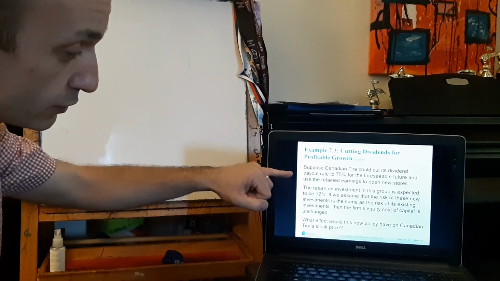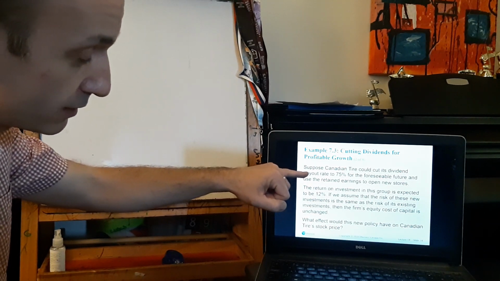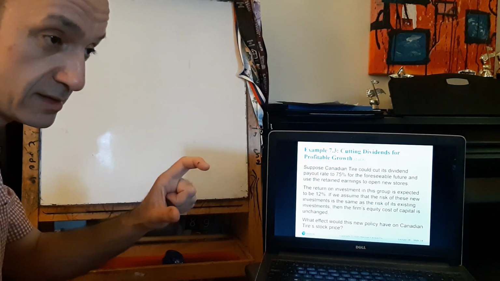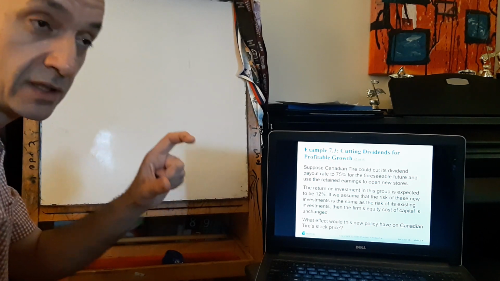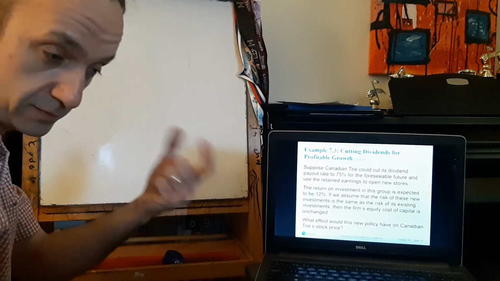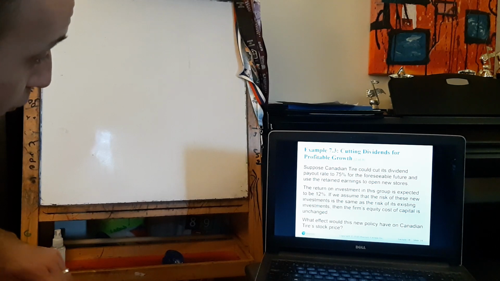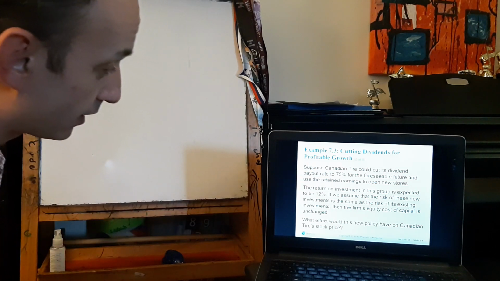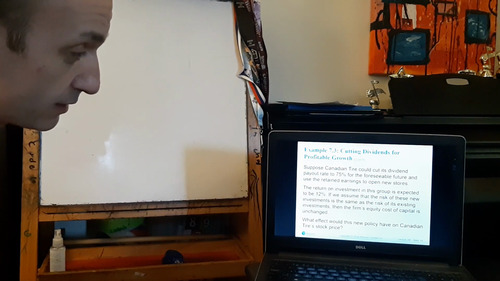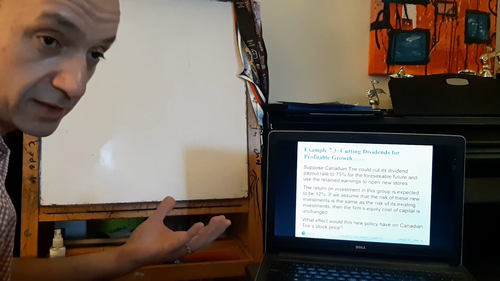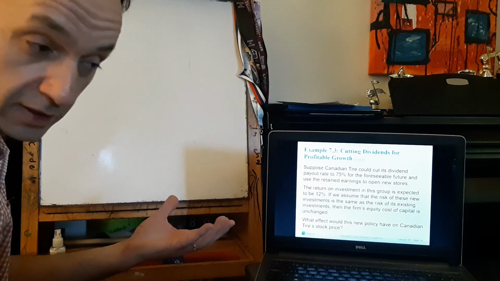If they reduce their dividend payout rate to 75%, that means 75% of their net income is now going to be paid as dividends. 25% is going to be invested as new investment, as reinvestment. So if 75% of net income now goes as dividends, dividends are not going to be $6 anymore. They're going to be 75% of that, or $4.50.